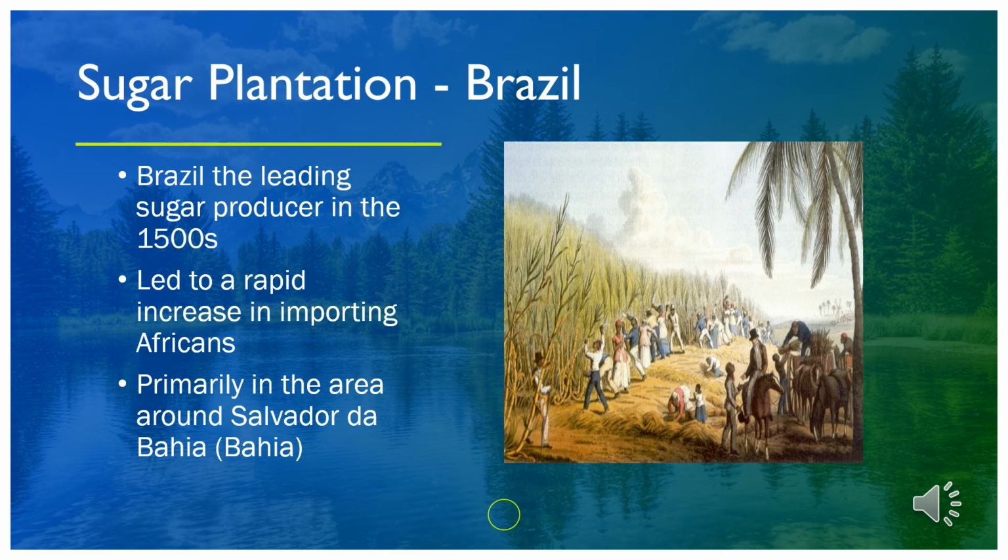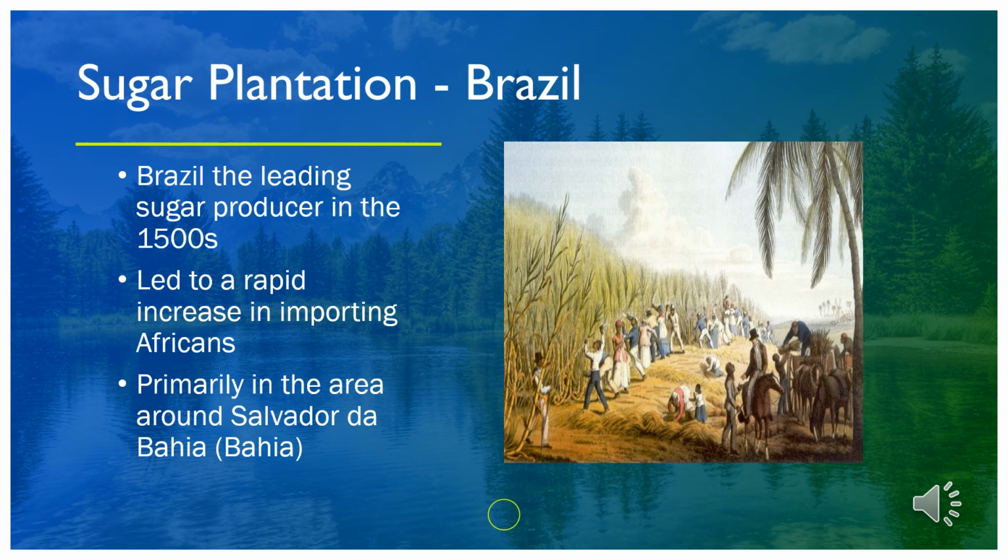The development and production of sugar in the Americas became a foundation for increasing the wealth of colonial powers throughout Europe. Brazil became a leading producer in sugar in the 1500s that led to a massive importation of enslaved Africans to work these sugar plantations.